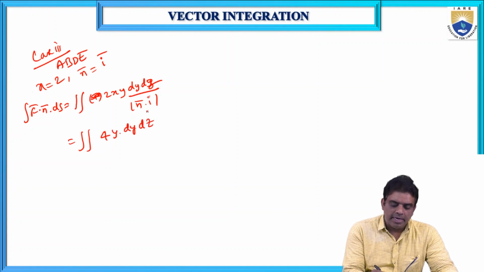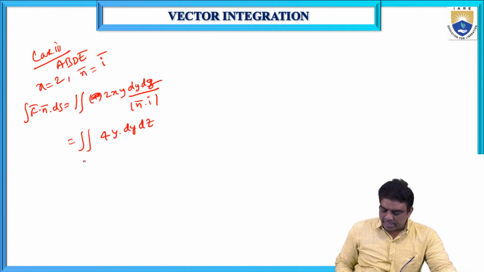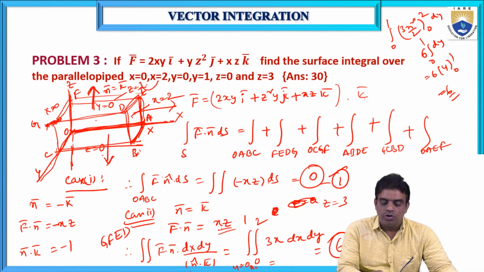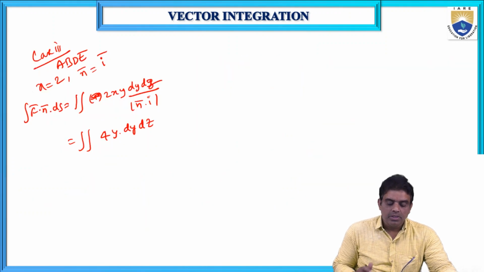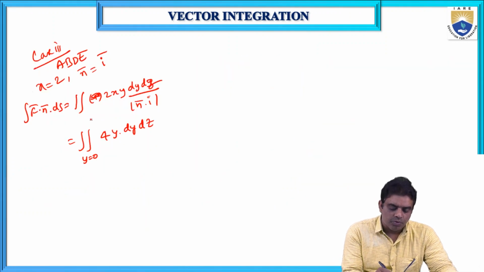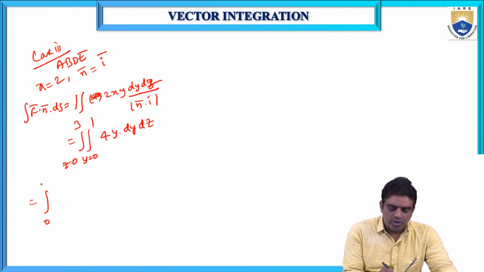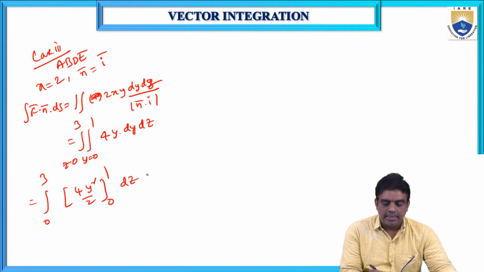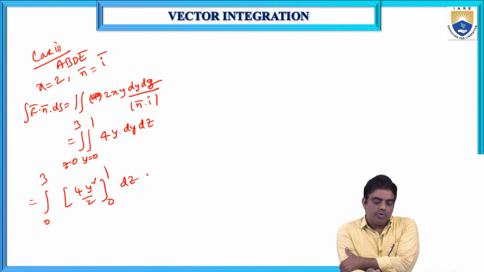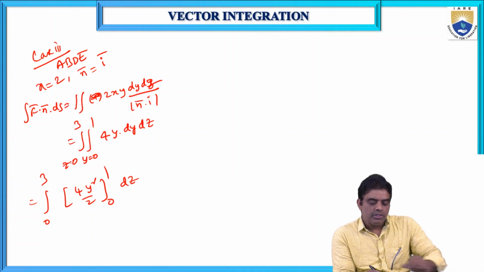And in the denominator n bar dot i bar is also 1. And here the limits are yz limits. What is the y limit? y 0 to 1, z 0 to 3. So substituting the limits, integral 0 to 3 of 4y square by 2 between 0 and 1 dz.